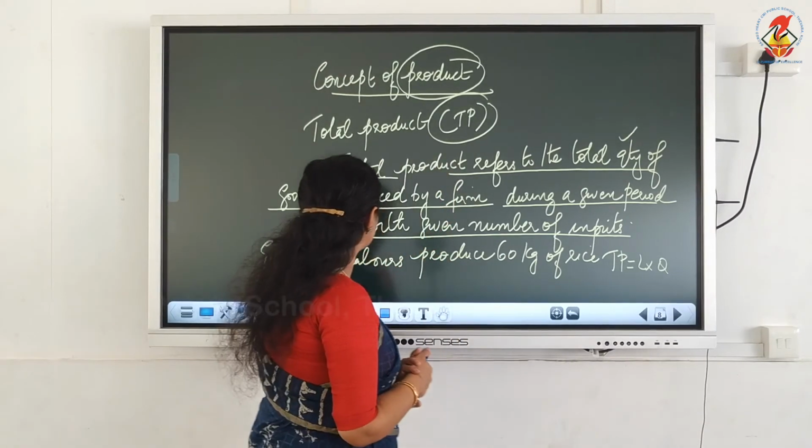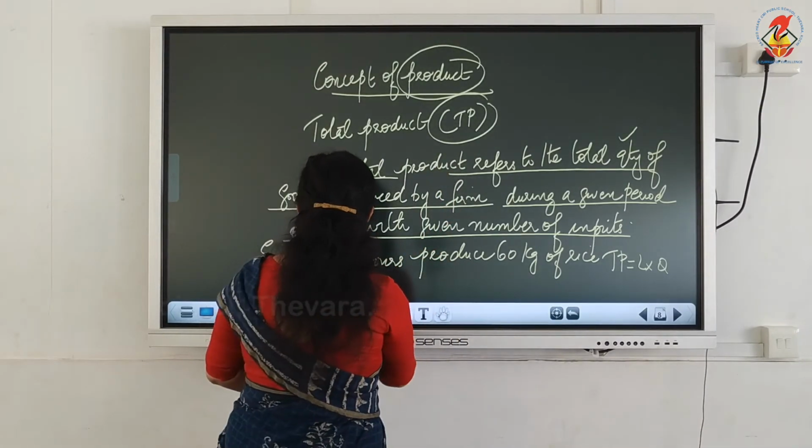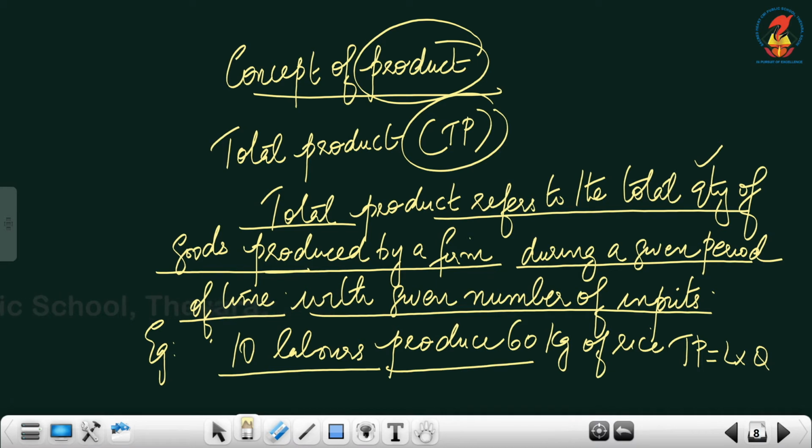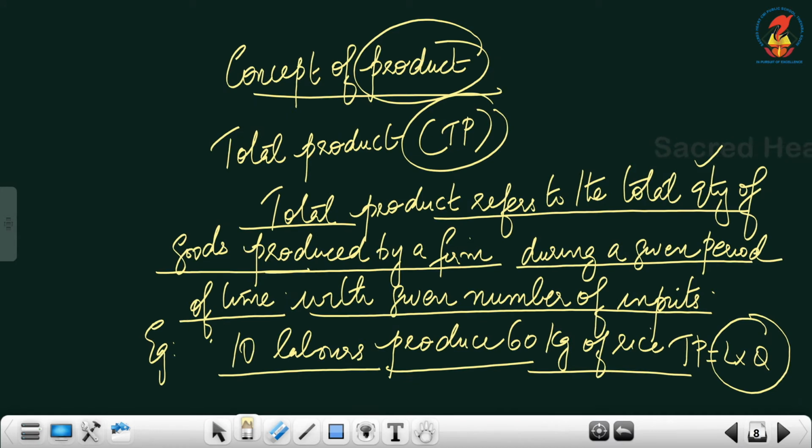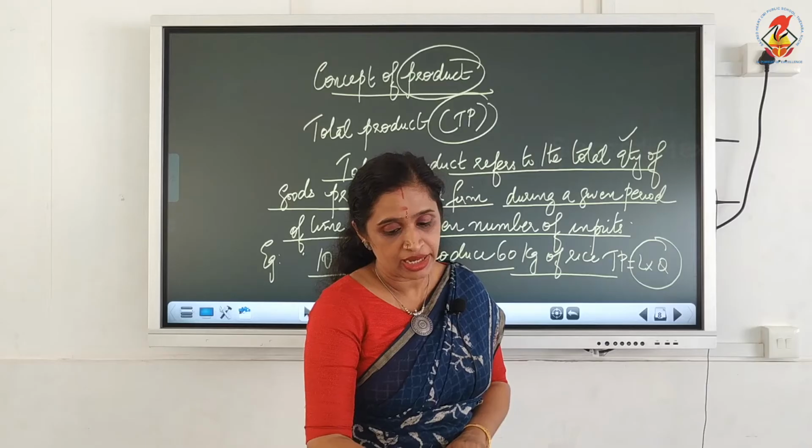Now an example is there for you to explain total product. 10 laborers produce 60 kg of rice. So what is the total product? Total product is L into Q. How many laborers are there? 10 laborers are there.